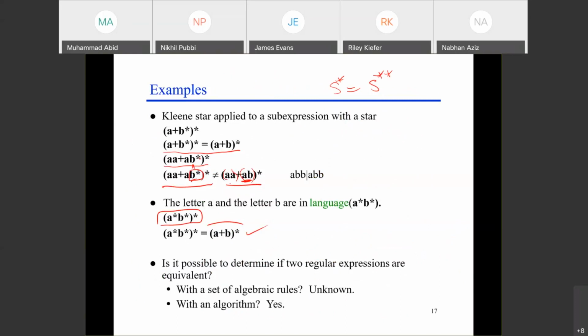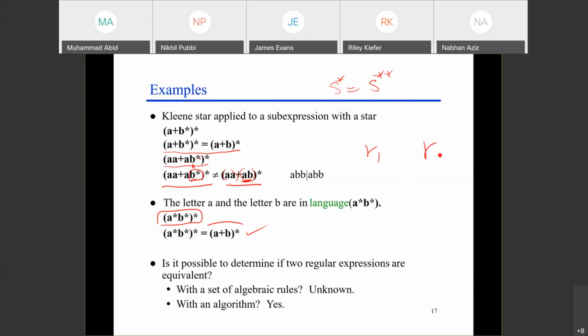So far, with the algebraic rules, it is not possible. We do not know, but with an algorithm, yes. By algorithm, we can figure out that both regular expressions define the same language. What does it mean here? You have regular expression one and regular expression two.